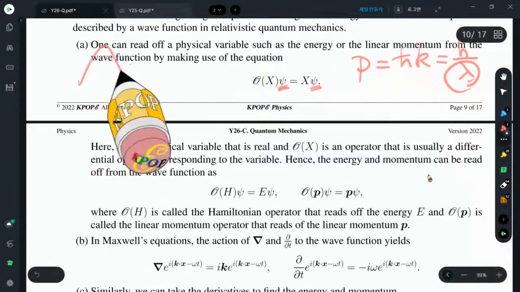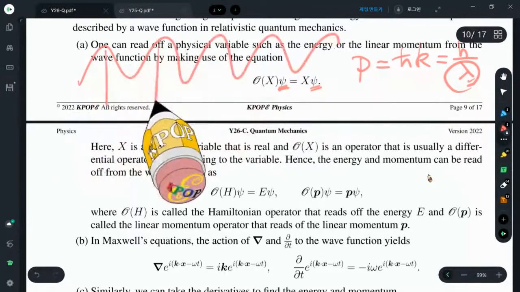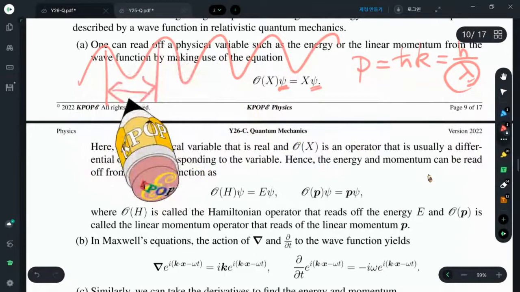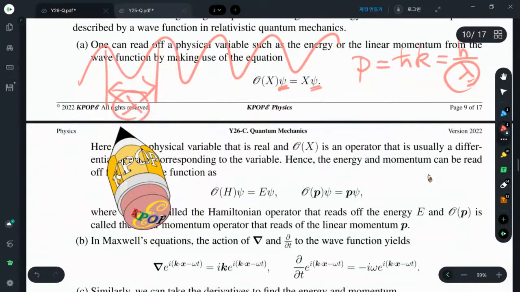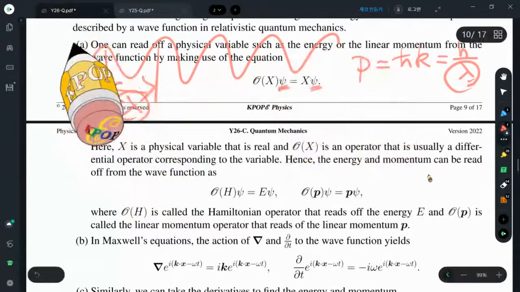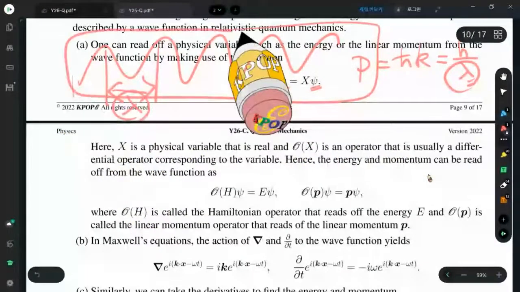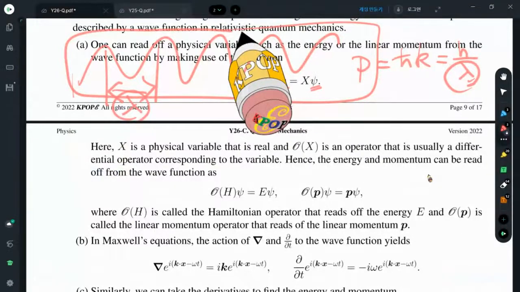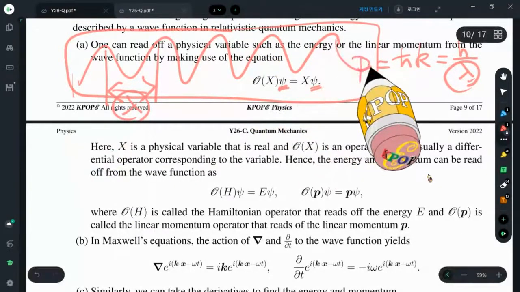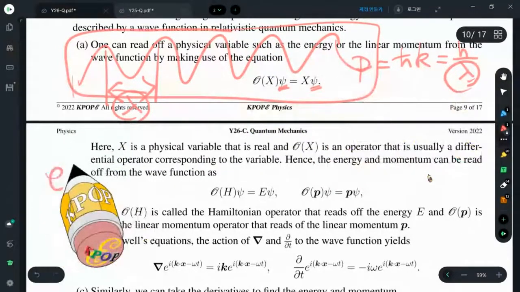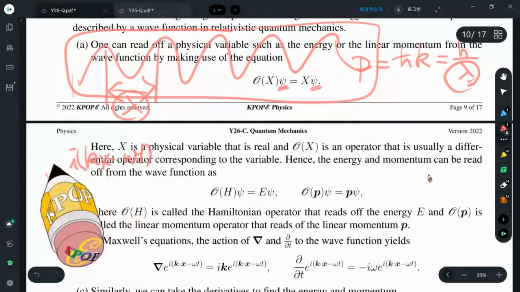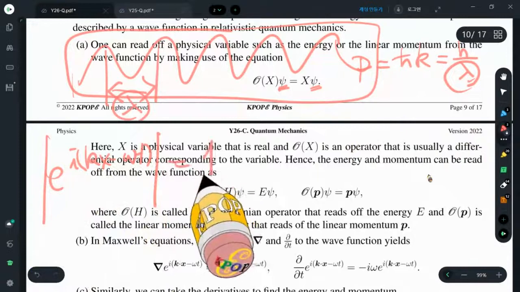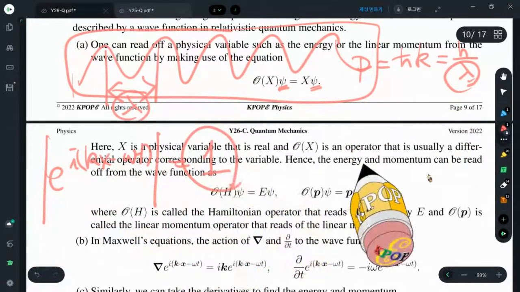Wavelength means a sinusoidal wave with a spatial period, that is a wavelength. When you consider the probability of finding a particle represented by this wave, e to the i kx minus omega t, its absolute value is 1 everywhere.